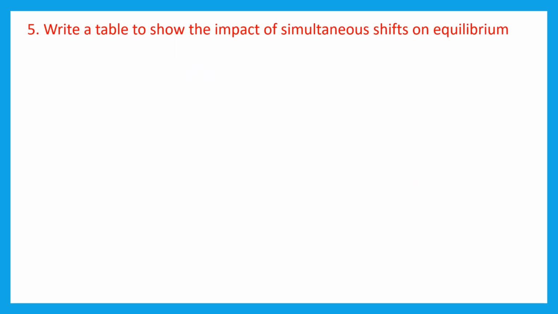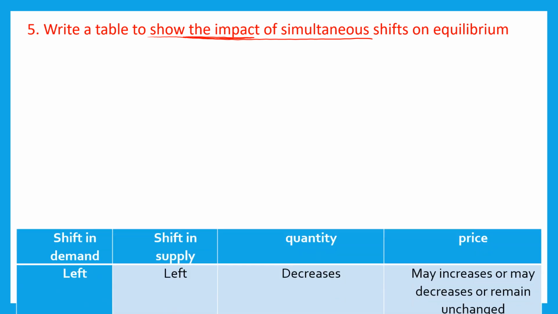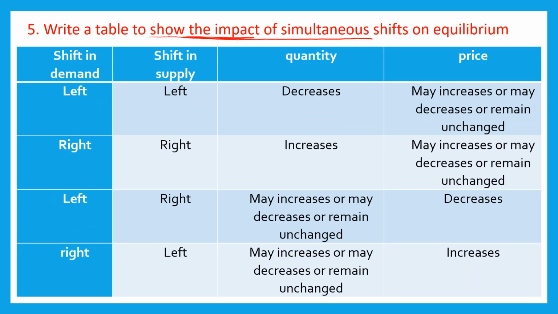Next one is write the table to show the impact of simultaneous shift of demand and supply on equilibrium. So if both the demand and supply shift, what happens to equilibrium quantity and price?